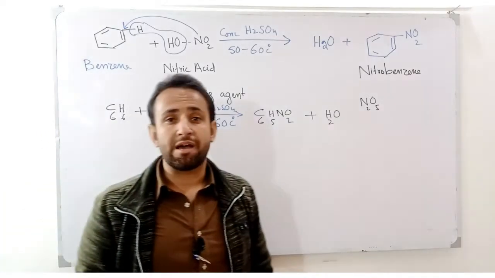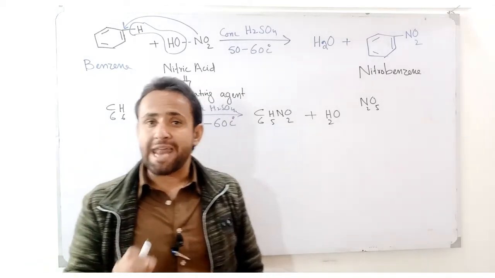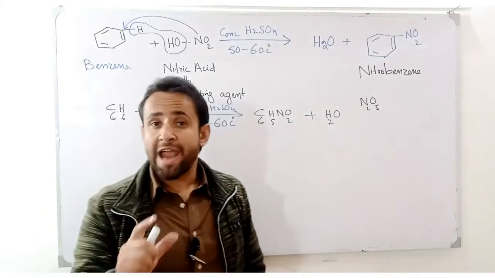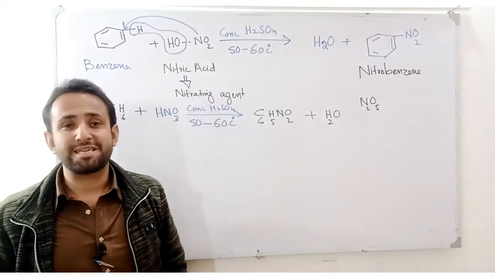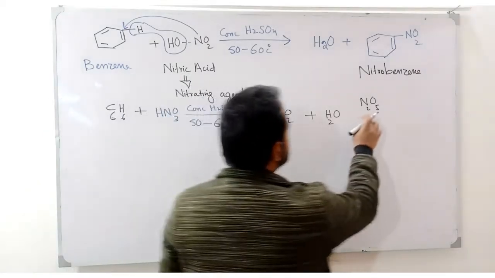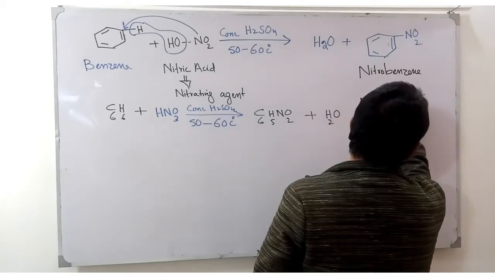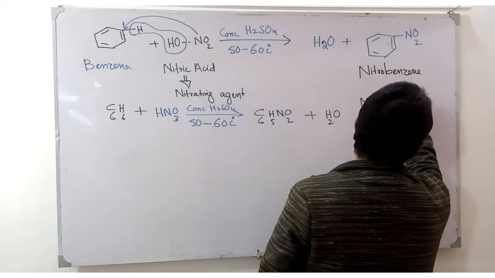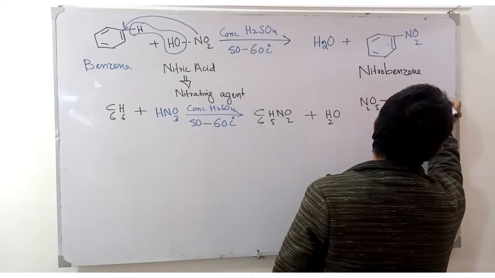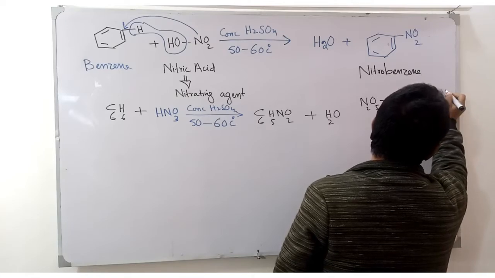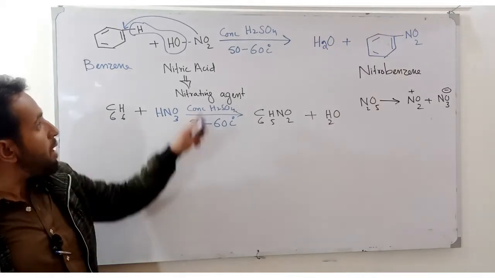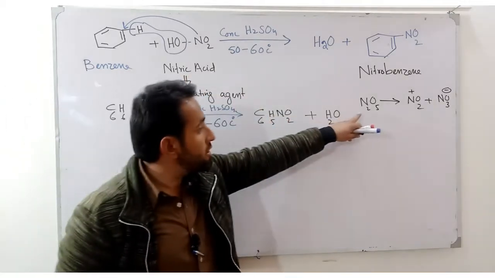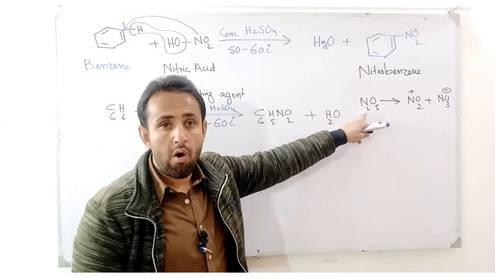As I told you, any agent which gives us a nitro group is known as a nitrating agent. So dinitrogen pentaoxide also provides us a nitro group. Therefore this is also a nitrating agent. Understand? So instead of nitric acid, we can also use this compound, dinitrogen pentaoxide.